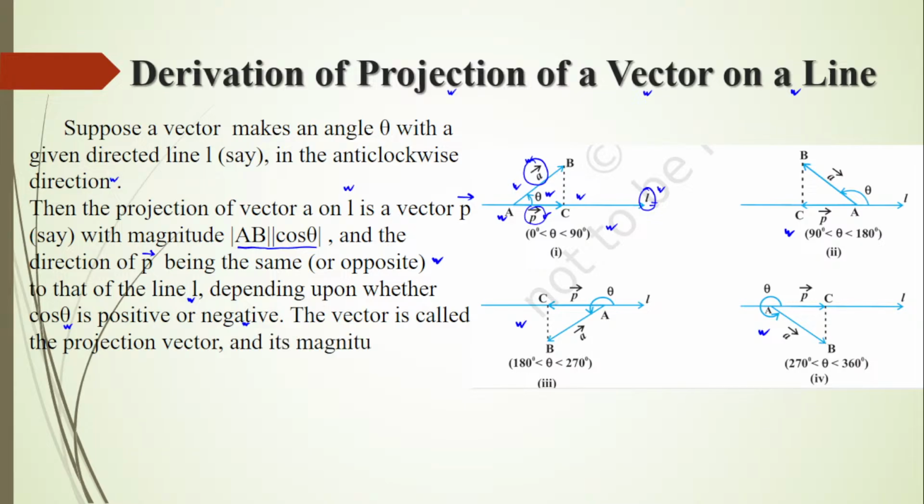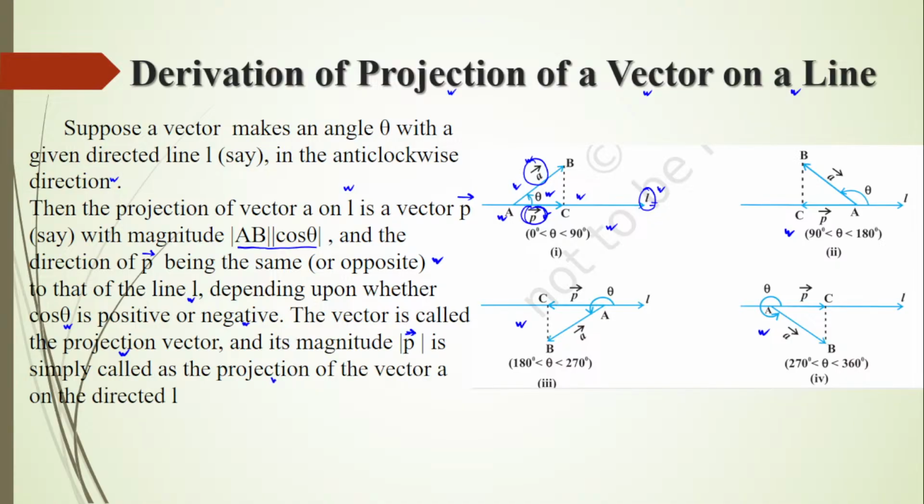The vector is called projection vector. So this one is called projection vector and its magnitude is simply called projection.